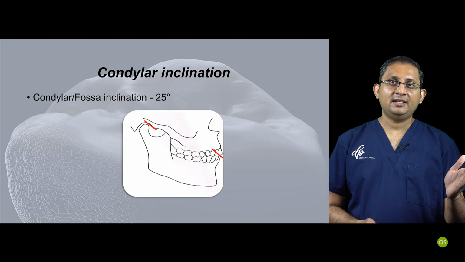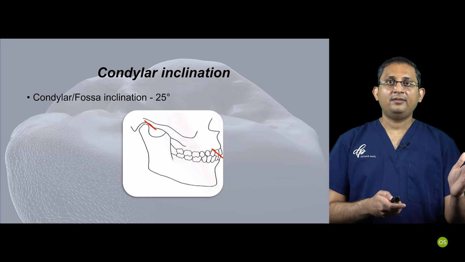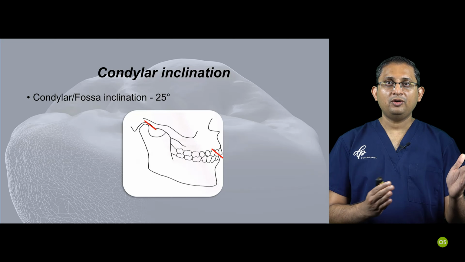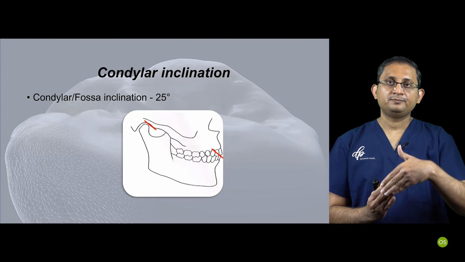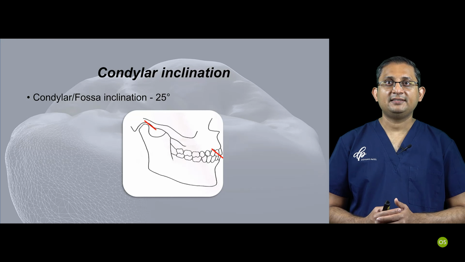If the condylar inclination is less than your anterior guidance inclination, then your teeth will be opening the jaw because it's steeper and it opens the jaw much quicker before the condylar inclination kicks in.